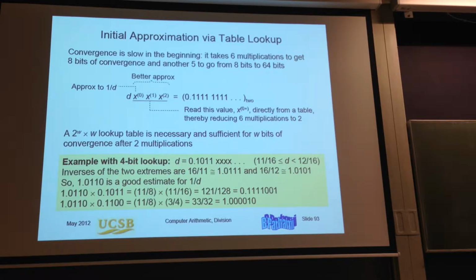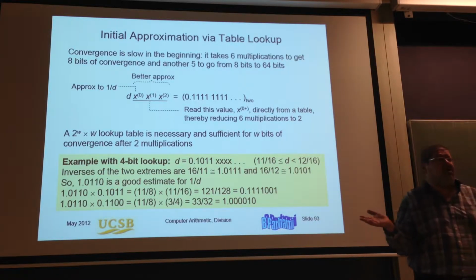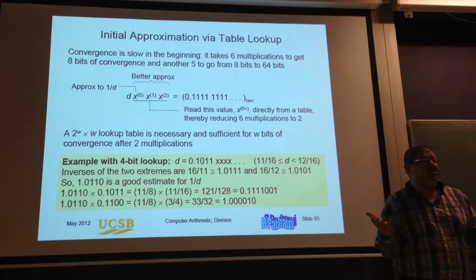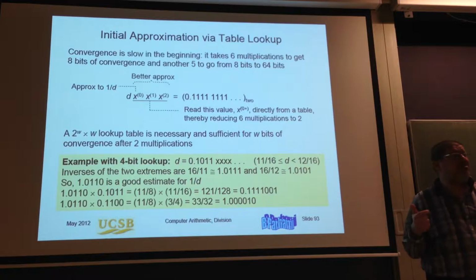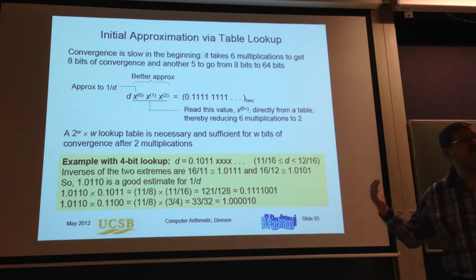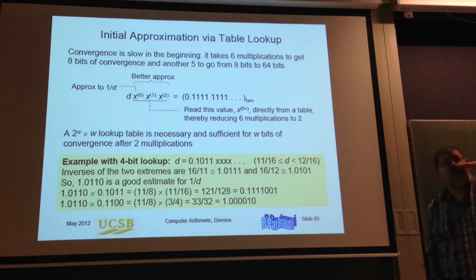Let's say I'm using 3 bits. If I'm using 3 bits, I have 8 locations in the lookup table. It's not that large. I can use more bits. Now, before starting the iteration, I will take those bits, get the approximation from the lookup table, and then start the iteration further, the multiplications. This will bring me to a point where doubling the precision will really make sense.